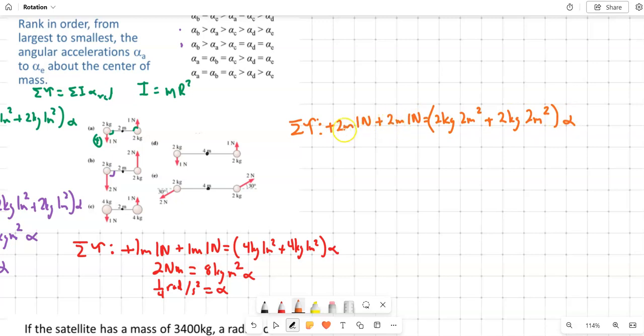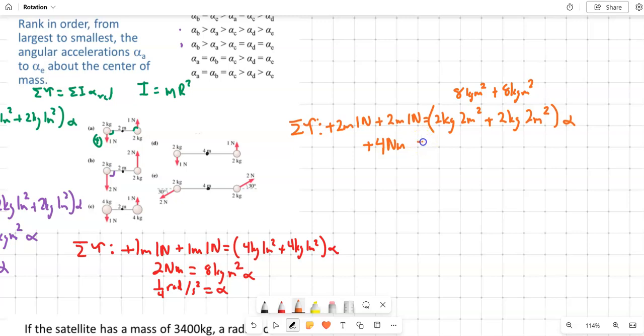So over here on the left-hand side, that's going to be a positive 4 Newton meters of torque. This is going to be 2 kilograms times 2 squared. So this is going to be 8 kilogram meter squared plus 8 kilogram meter squared.